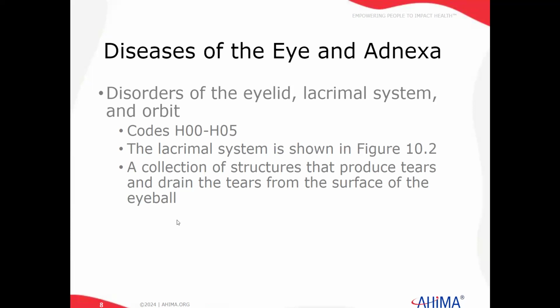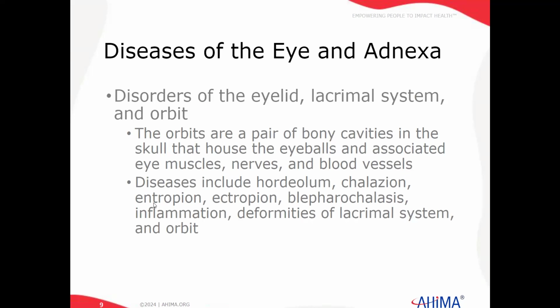For diseases of the eyelid, lacrimal system, and orbit, these fall into a code range of H00 through H05. Basically, the lacrimal system is all those structures that produce tears and drain tears away from the eye. The orbits are the bony cavity where the eye sits in the skull.